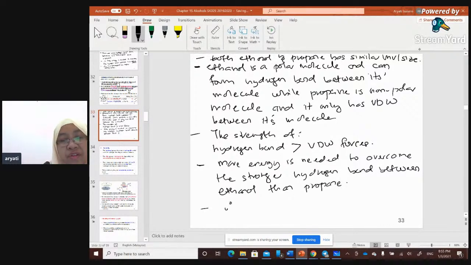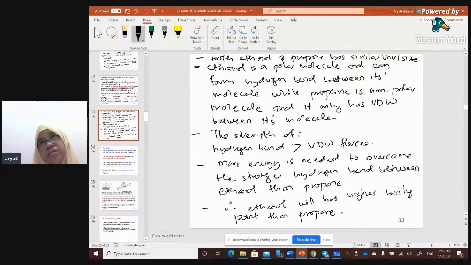So therefore, ethanol will have higher boiling point than propane.